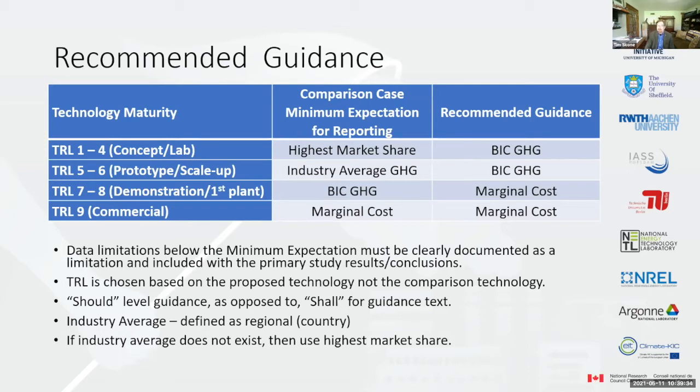We do strongly recognize as a group that access to long-run marginal cost data can be very difficult for very specialized items, and can be very difficult to get, not only for your comparison system. And so we find that on a more practical basis, the industry average data is much more commonly available in commercial and public lifecycle inventory databases, or in the academic literature, which often will create an industry average perspective as a baseline in that work.